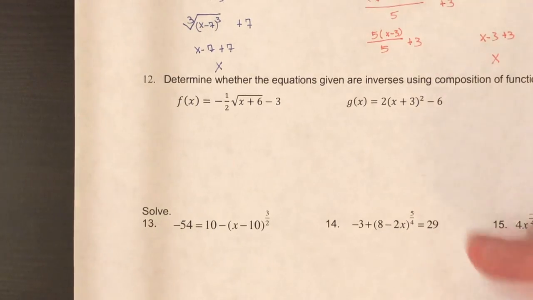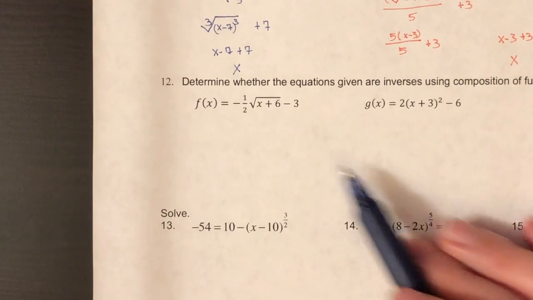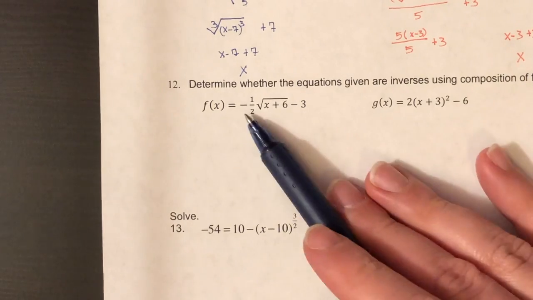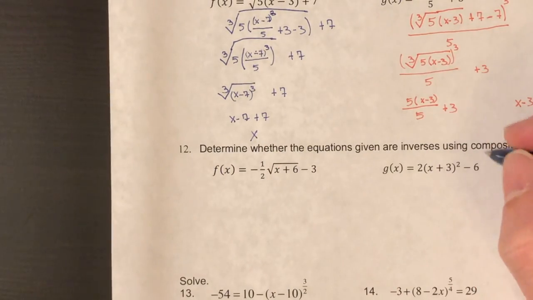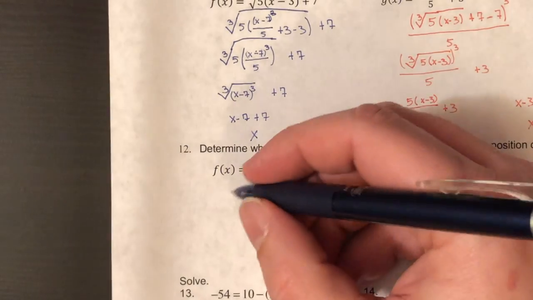Twelve is very similar to 11. Now we're dealing with a square root function and then a quadratic. So once again, I'll be putting this in for x in here.